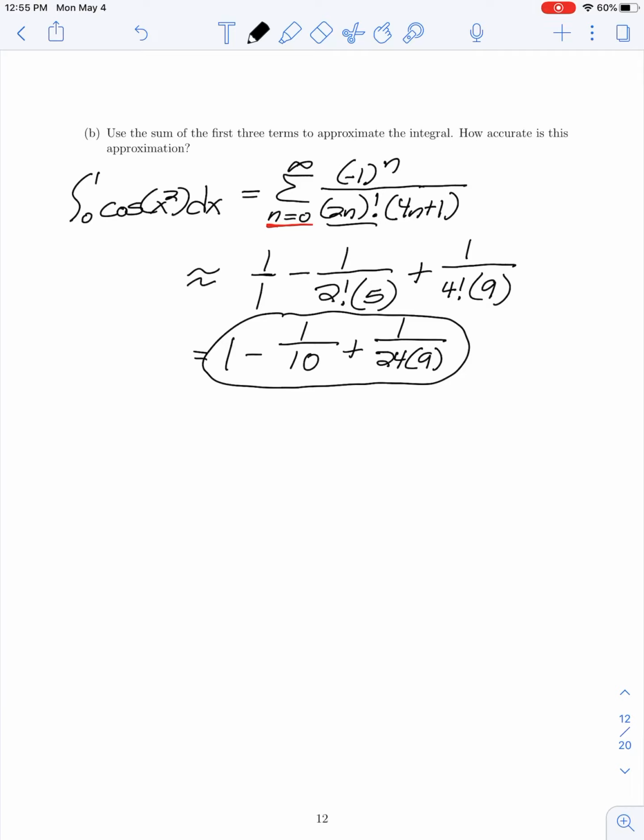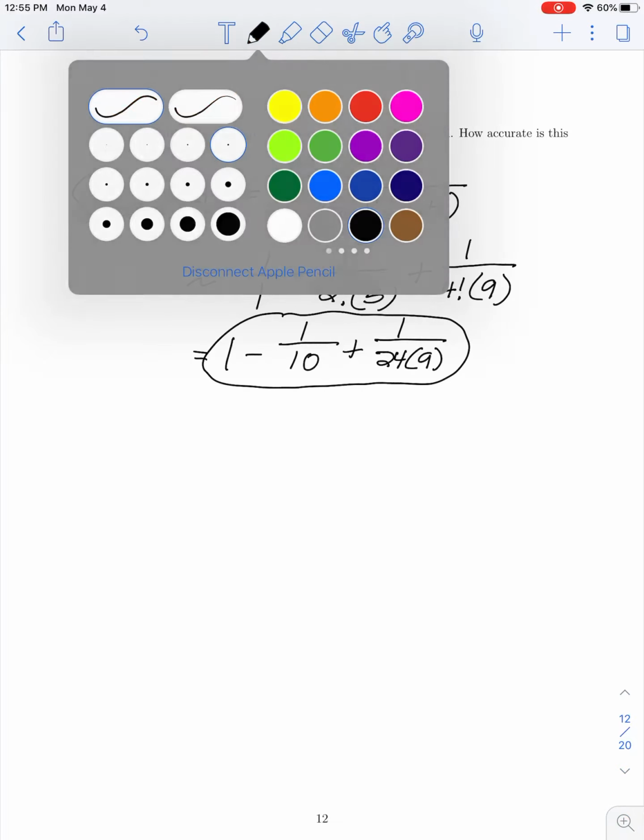So anytime we're determining accuracy in an nth partial sum approximation, we're going to use a remainder estimate. And notice that this series is an alternating series. It involves this factor negative 1 to the nth.